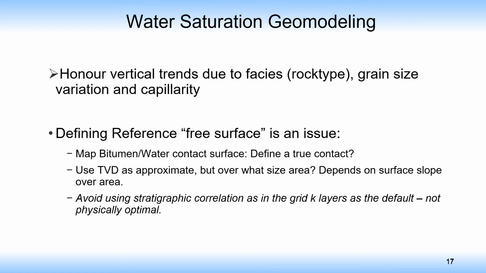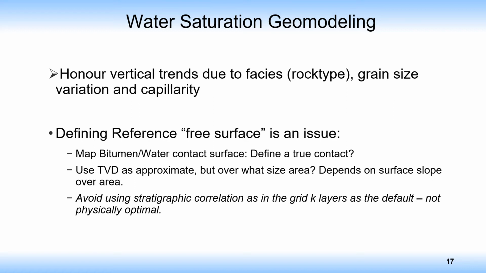So we apply capillarity concepts. And so defining free surfaces is always an issue in conventional and other reservoirs. But we can map bitumen water contacts, in some cases gas contacts are the reference. And so that's a whole discussion on how to find that true contact.